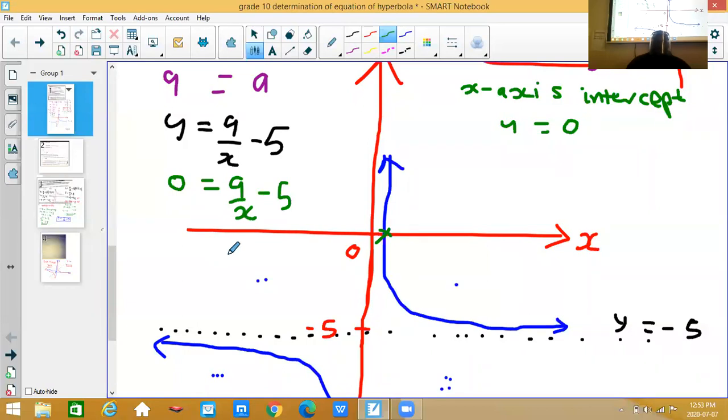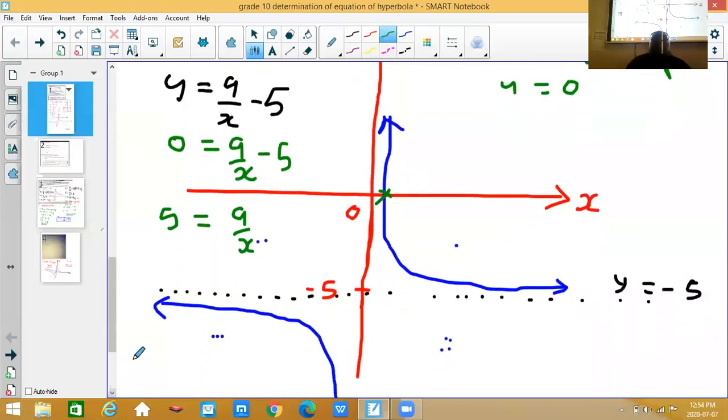Which one do we transpose? -5 to the other side, it will become 5. So 5 is equal to 9 over x. Our intention is finding the value of x. We multiply by x both sides. So you get 5x is equal to 9, right?